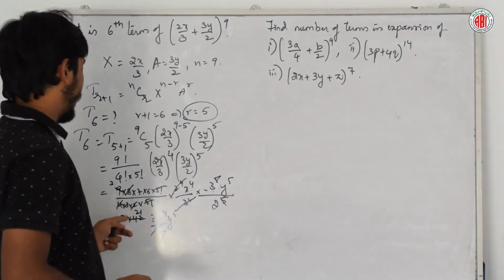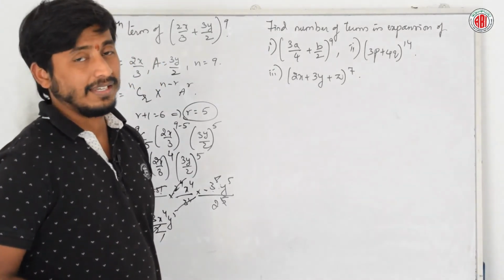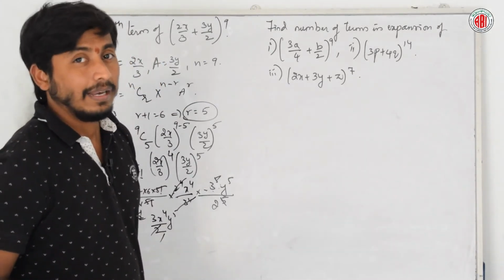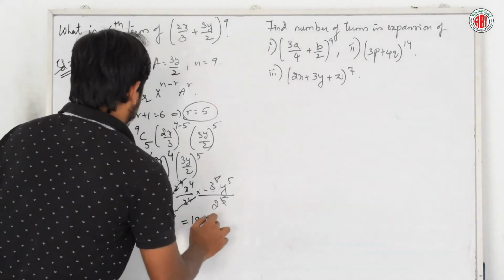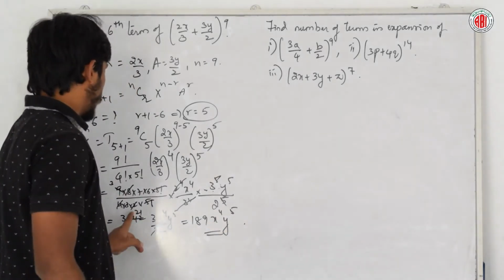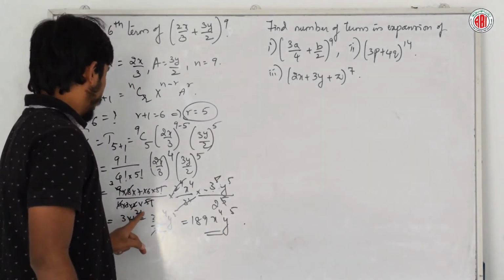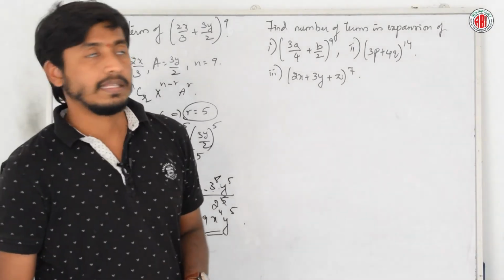I will be left with 21 into 9. Yes or no? Is it not simple? Yes, right? This will be 189 x power 4 y power 5. Is it right? 21 into 9. Done. Clear? Is it simple?